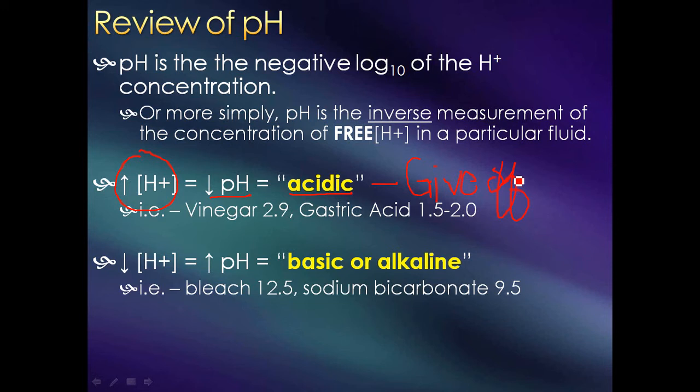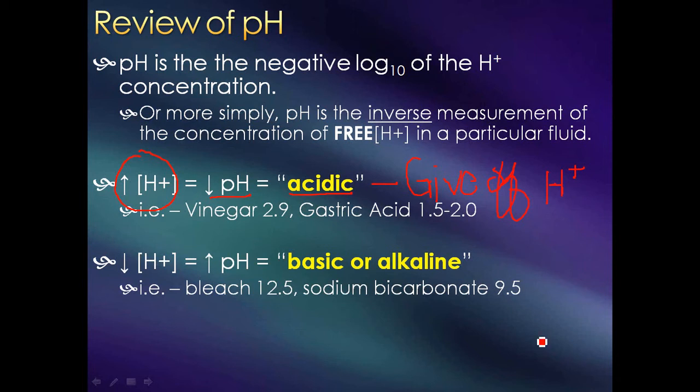But solutions that are acidic like to give off hydrogen ions, so they increase the number of hydrogen ions in solution. Some common acids you may have dealt with regularly include vinegar. Vinegar is a relatively strong acid, actually, and your gastric pH is typically very strong, 1.5 to 2.0.